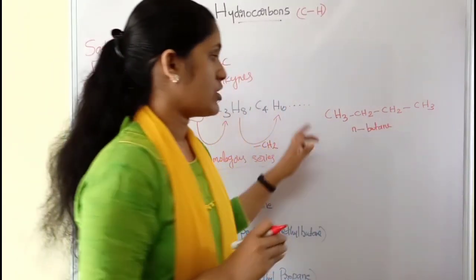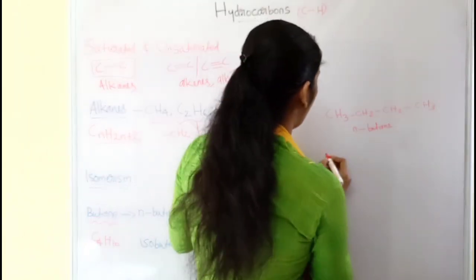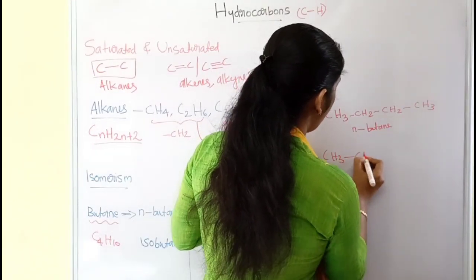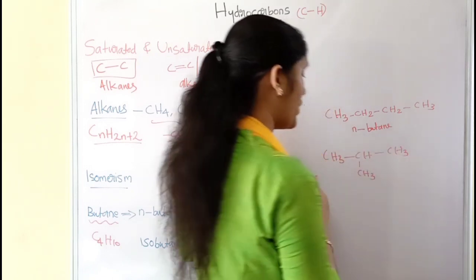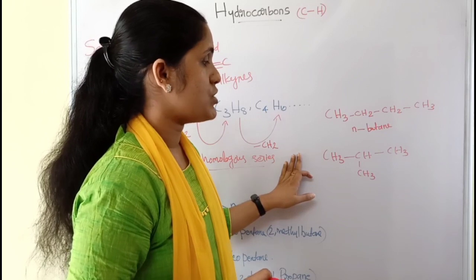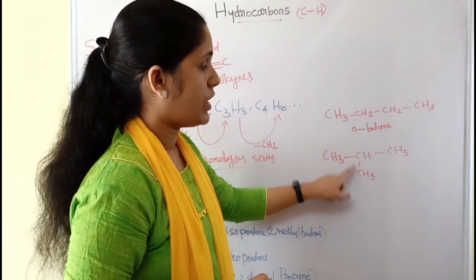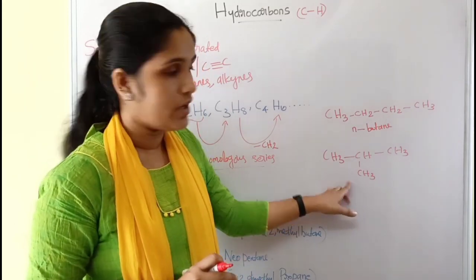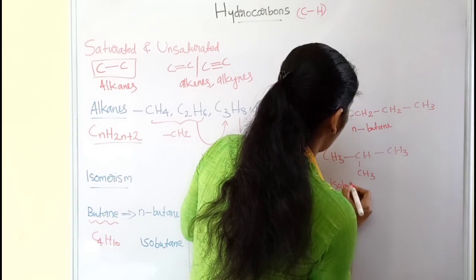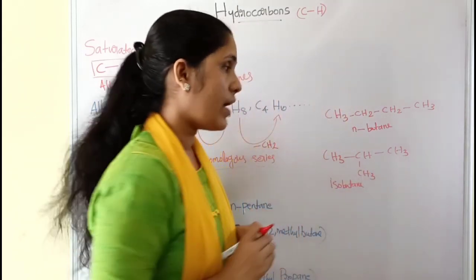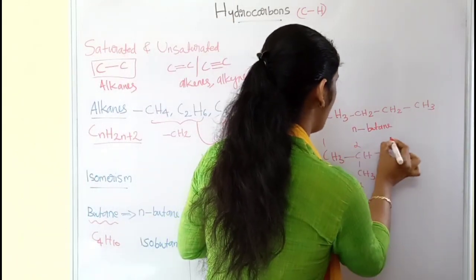Now let's see the structure of isobutane. We can draw the structure of isobutane with CH3, then CH3, then CH3, where one of the carbons is substituted on the second carbon. That means it's not a straight chain, it's a branched chain. So this is called isobutane, and the correct IUPAC name of this compound is based on numbering 1, 2, 3.